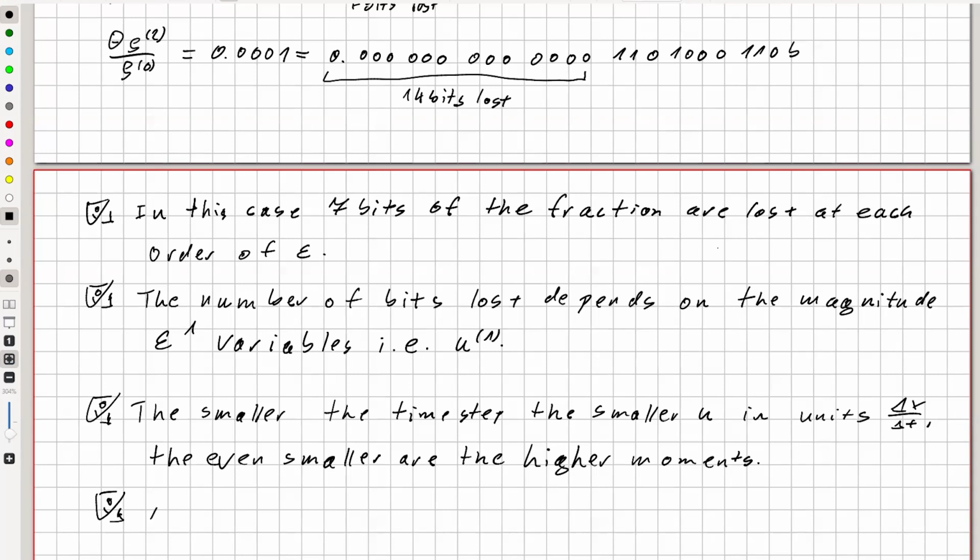So, let's briefly look at the maximal ratio of smallest to largest variable.